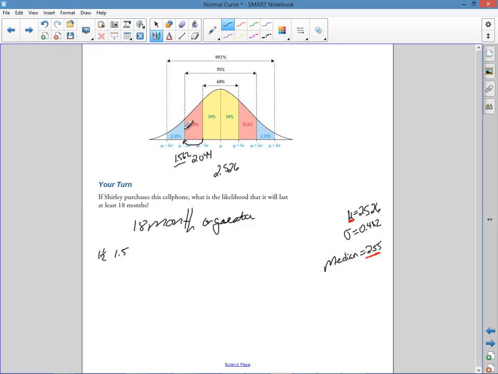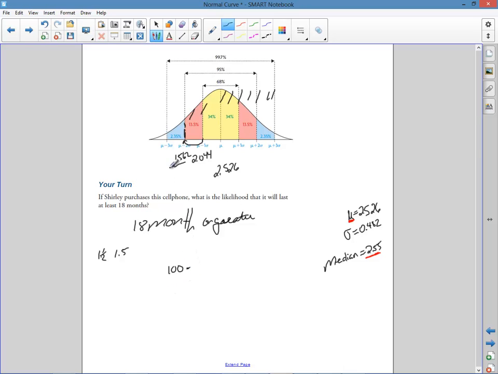So I want to know what's the chance of a cell phone lasting at least that long. So I want here or greater. I need to consider all these percentages. If I think about the graph, the whole graph would account for 100% of all cell phones.